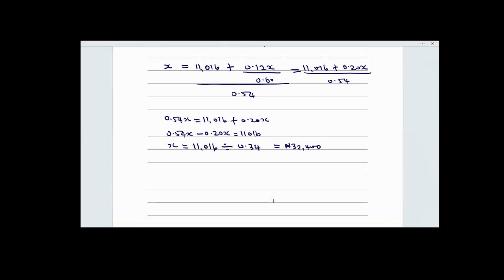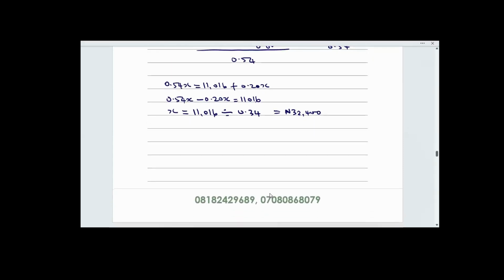So that's that. If you like, you can share this between product A and B based on the proportion. In this case, if I want to share it, I can say A will be equal to 32,400 multiplied by 20%, which is 6,480.